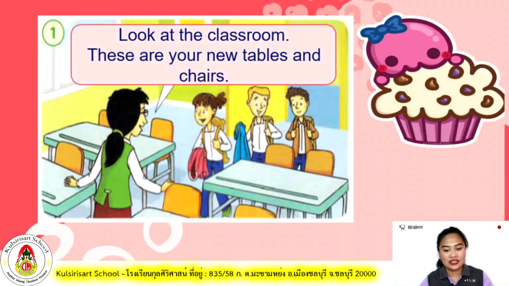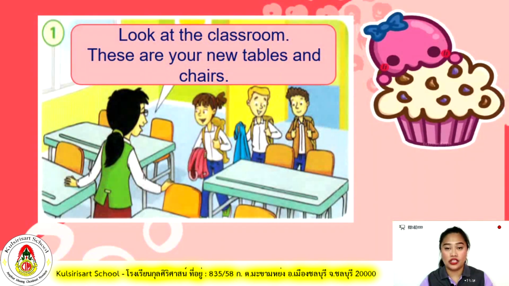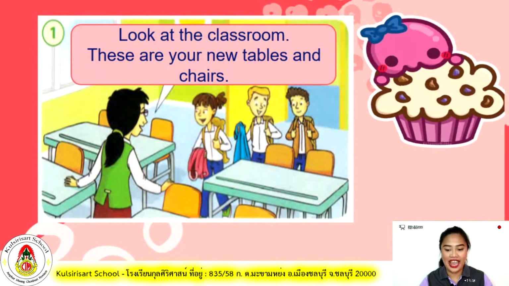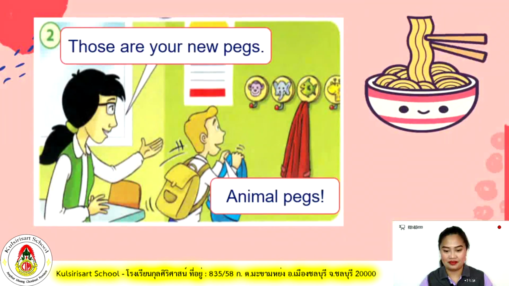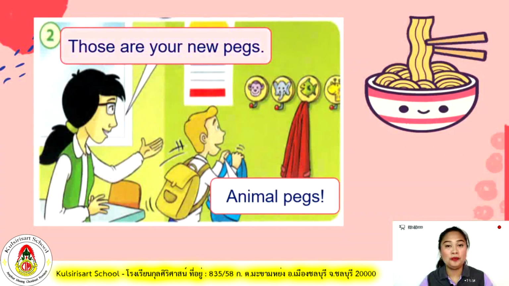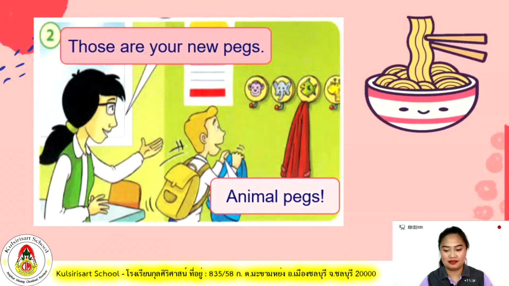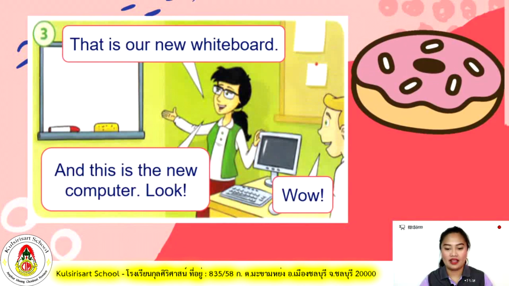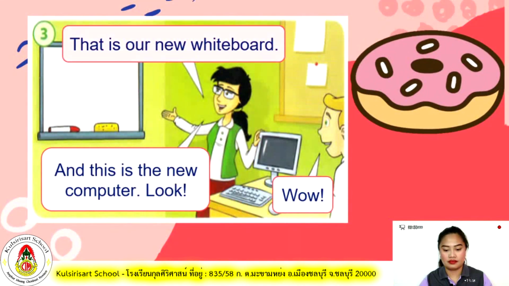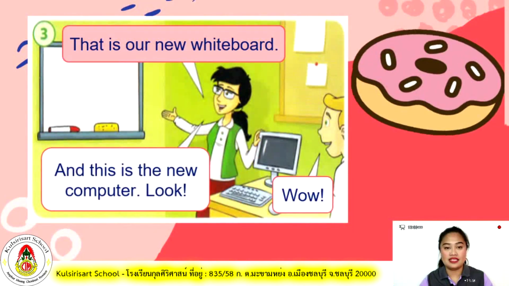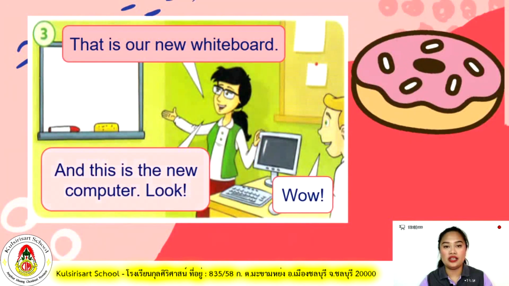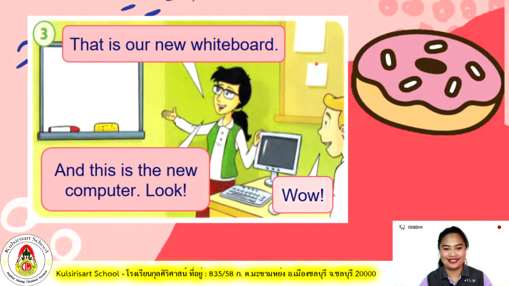Look at the classroom. These are your new tables and chairs. Those are your new pegs. Animal pegs. This is our new whiteboard. And this is the new computer. Look! Wow!